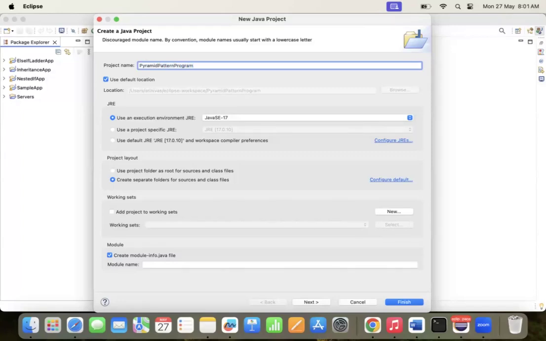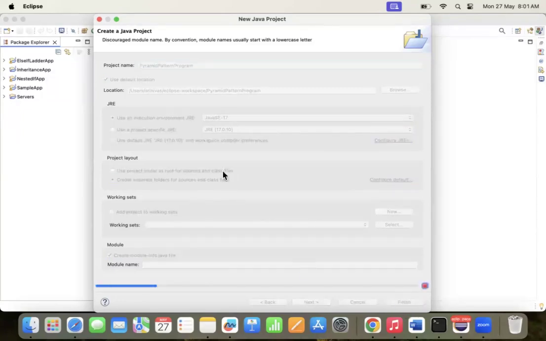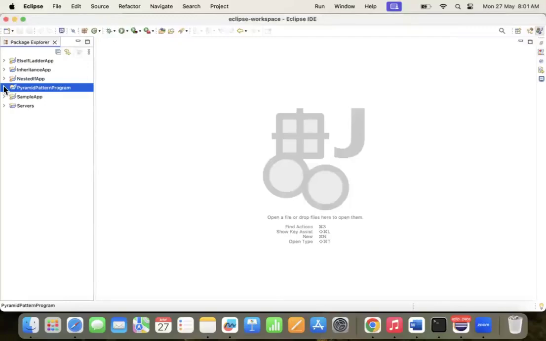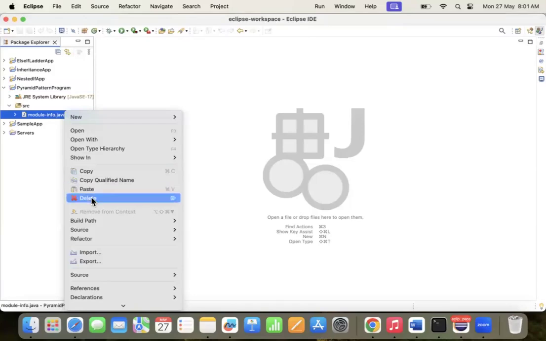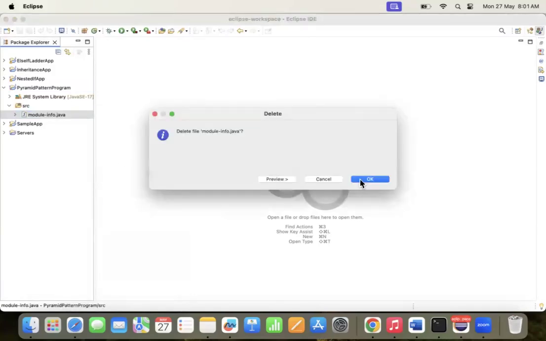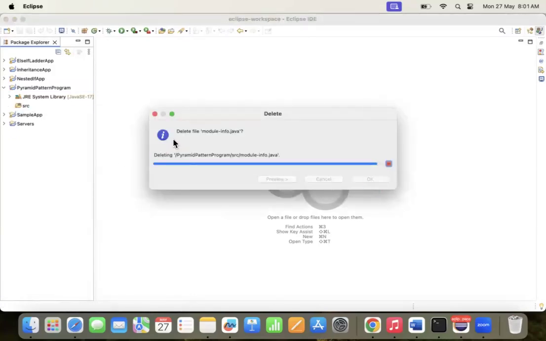Let's finish. Then we go ahead. First, we'll remove this module-info.java file. We'll delete the file.